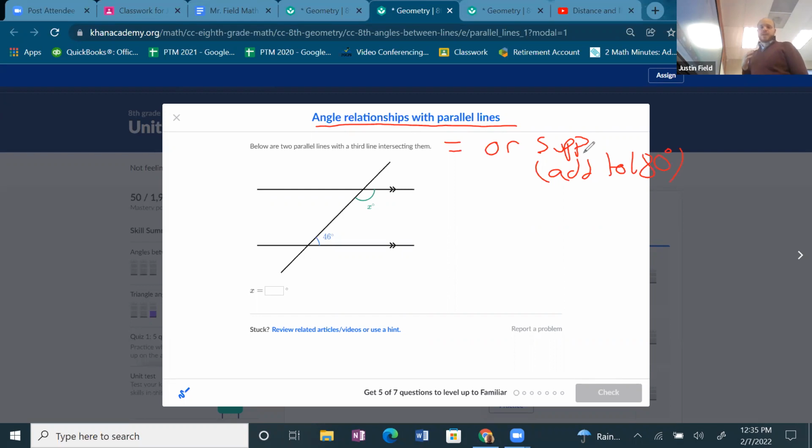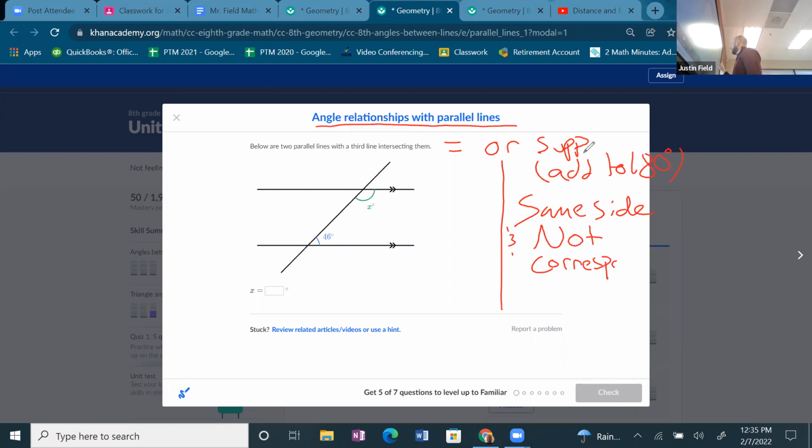Okay, so in order to add to 180, be supplementary, they have to be on the same side and not corresponding. So if you remember maybe 3 weeks ago, we talked about corresponding angles, which would be like these two angles in the same corner, but in different intersections.